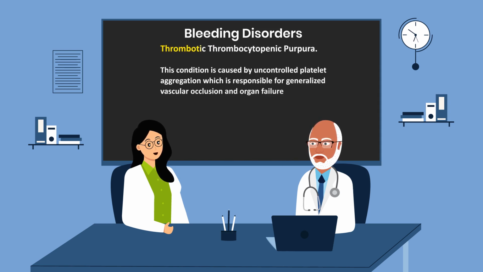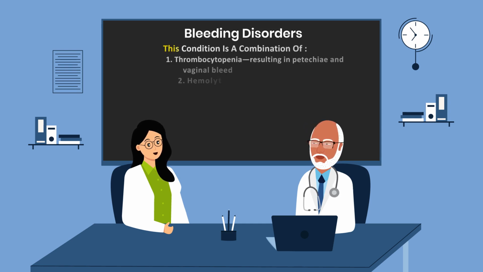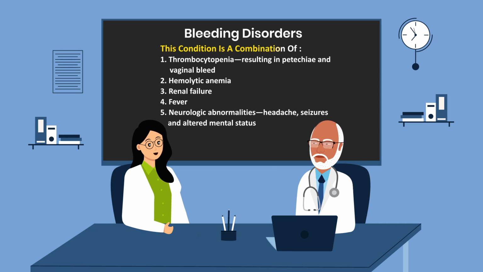Let's talk about thrombotic thrombocytopenic purpura, or TTP. This condition is caused by uncontrolled platelet aggregation, which is responsible for generalized vascular occlusion and organ failure. This condition is a combination of thrombocytopenia, which may result in petechiae and vaginal bleed.